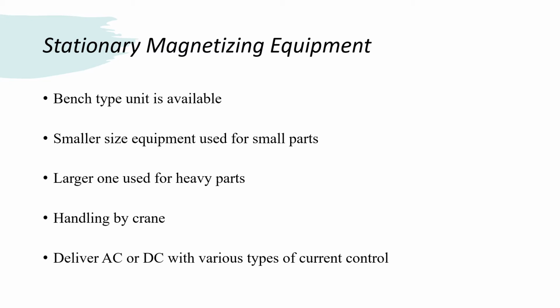Smaller size equipment is used for small parts, larger ones for heavy parts like long diesel engine crankshafts, where handling must be done by crane, and it delivers AC or DC with various types of current control. So this is the stationary magnetizing equipment.